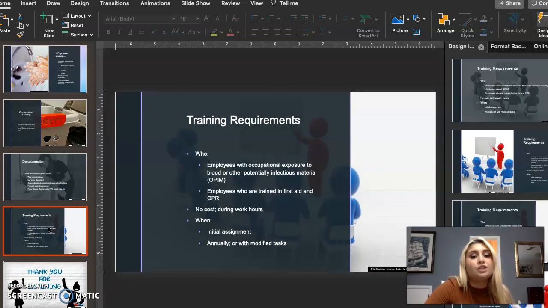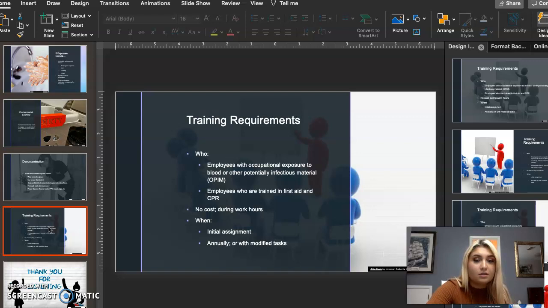So moving on to training requirements. Those who should be trained or consider training requirements would be employees with occupational exposure to blood or other potentially infectious materials, and employees who are trained in first aid and CPR.